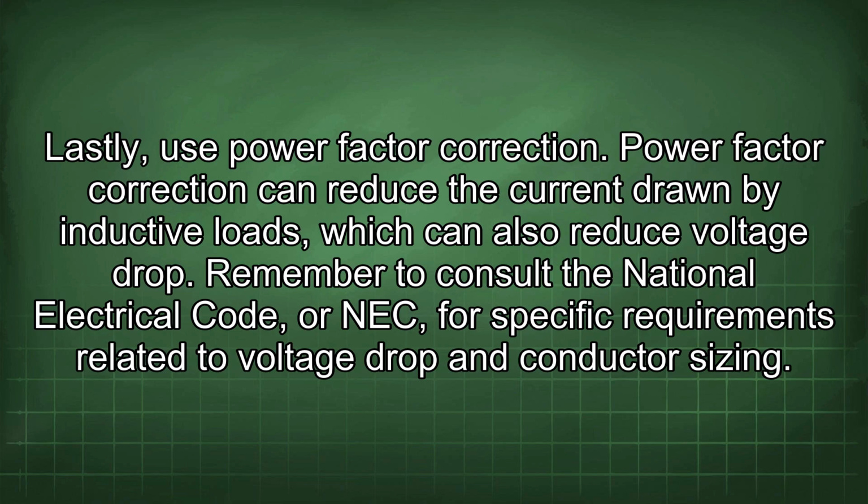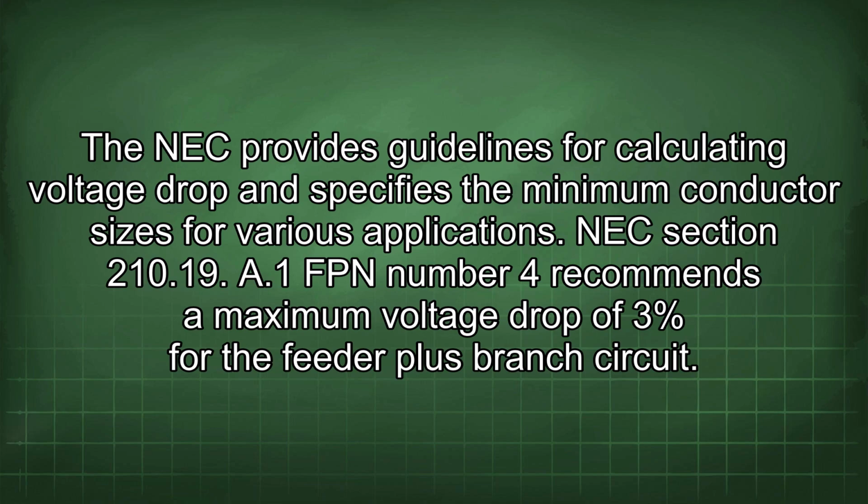Remember to consult the National Electrical Code, or NEC, for specific requirements related to voltage drop and conductor sizing. The NEC provides guidelines for calculating voltage drop and specifies the minimum conductor sizes for various applications. NEC Section 210.19(A)(1), FPN No. 4 recommends a maximum voltage drop of 3% for the feeder plus branch circuit.